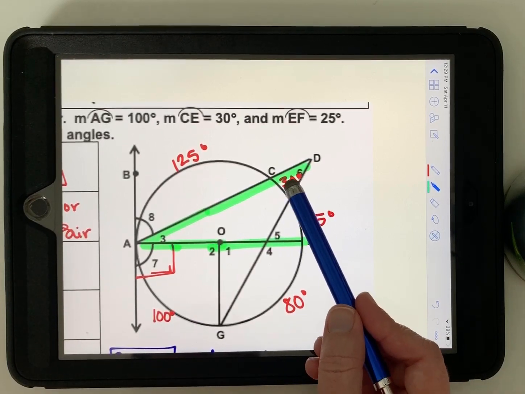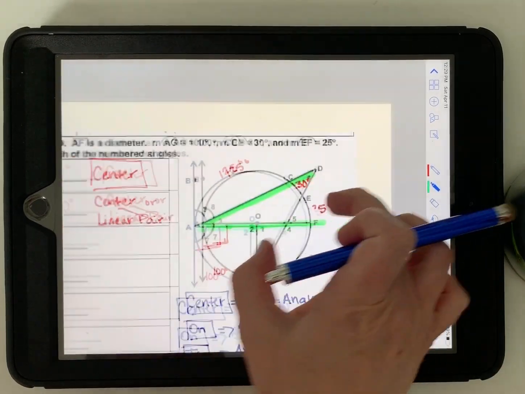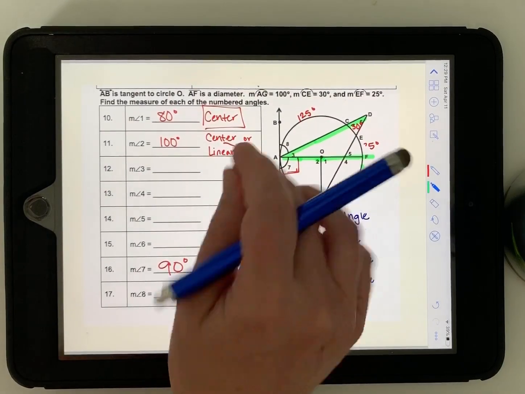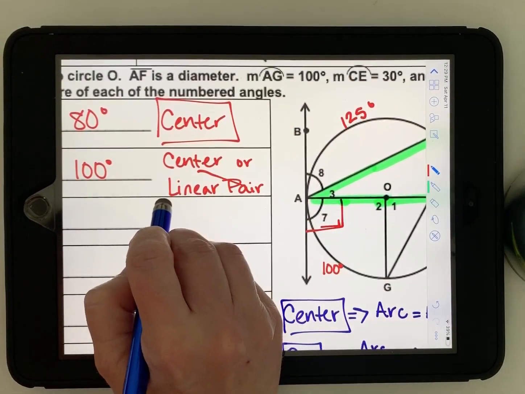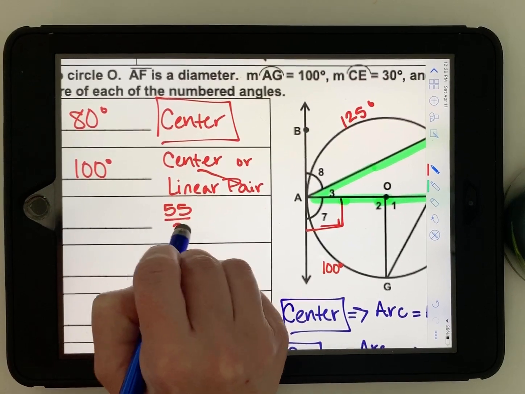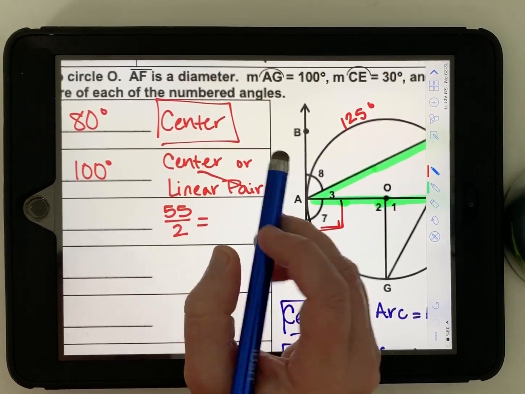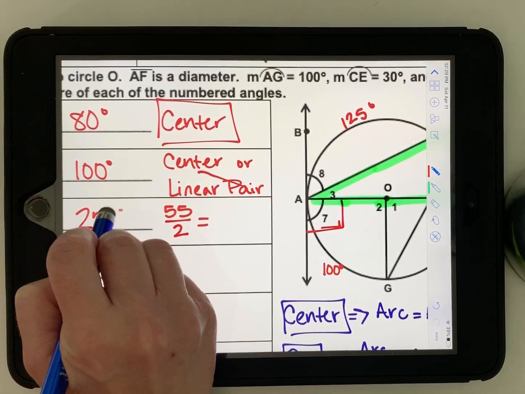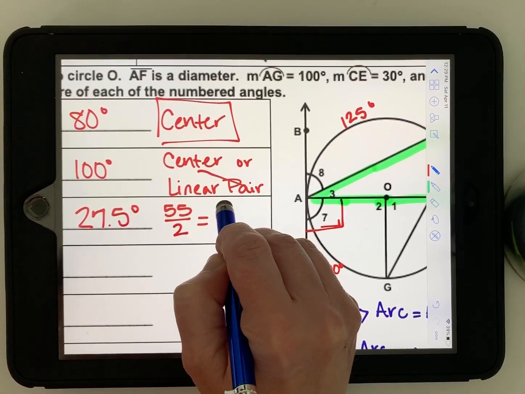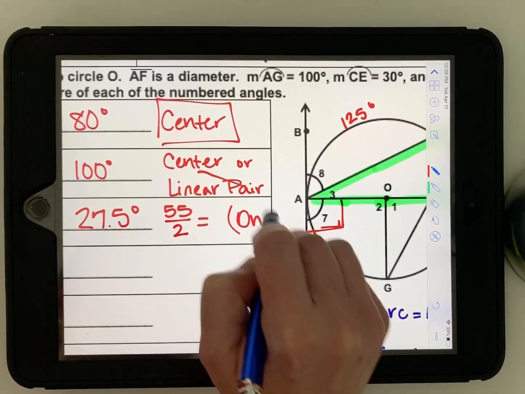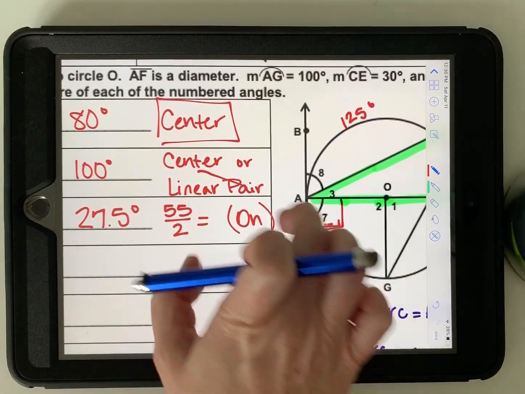So if we add those together, 30 and 25, we have the measure of our arc divided by 2. So we can say here 55 divided by 2, and that's going to give us 27.5. And I'm also going to put here in parentheses that we used the formula for on.